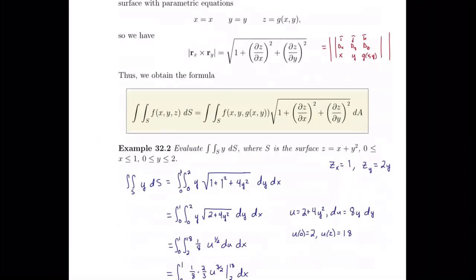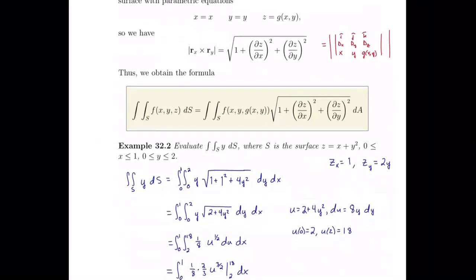So most of our surfaces are given as z equals g of x, y in problems like this, so you don't have to do that too many times or really worry about that too much. Our integral formula in this case is just using the fact that f of x, y, z ds is the function evaluated at x, y, and z. Now, it's no longer r of u, v. Our parameterization is given by x is x, y is y, and z is g of x, y.